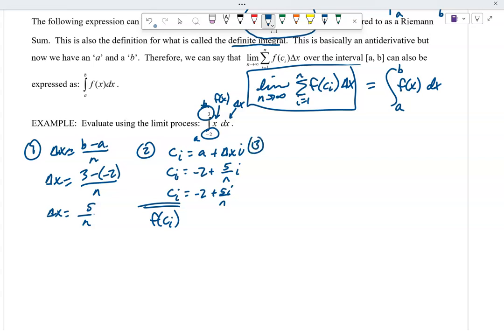So number 3, our area is the limit as n goes to infinity of the summation of f of ci delta x from i being 1 to n.